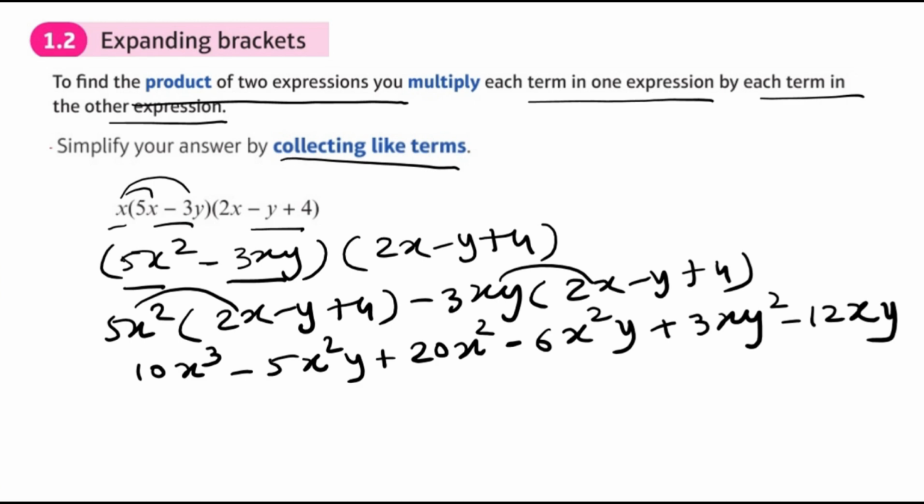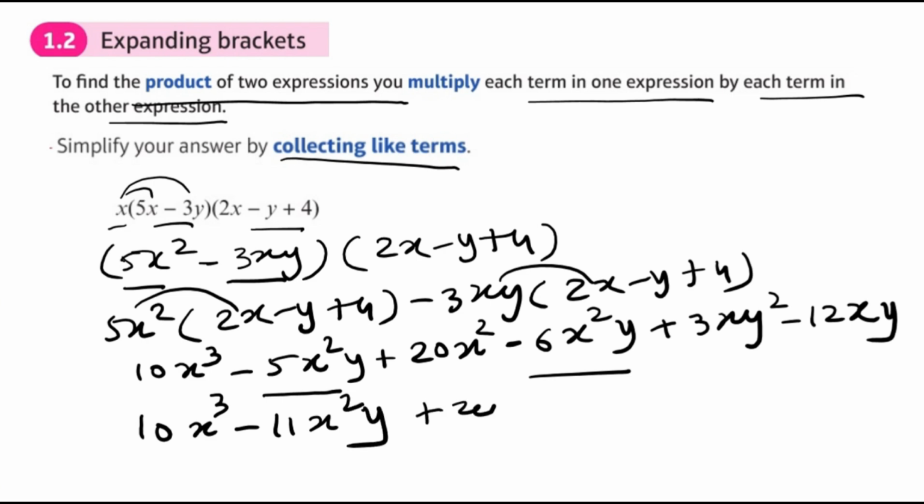Now look for like terms. So we can say minus 5x squared y and minus 6x squared y are like terms. Add them. So 10x cubed minus 11x squared y plus 20x squared plus 3xy squared minus 12xy. This is our final answer.